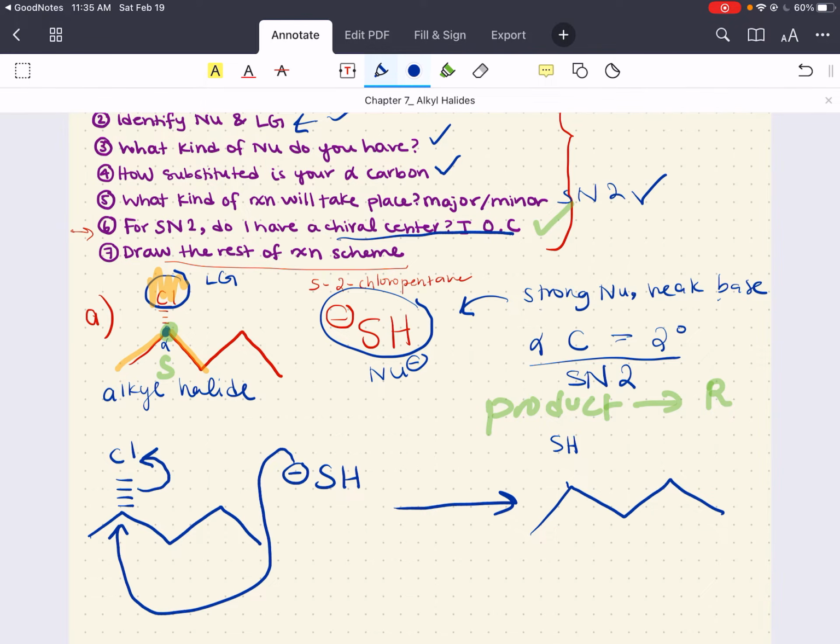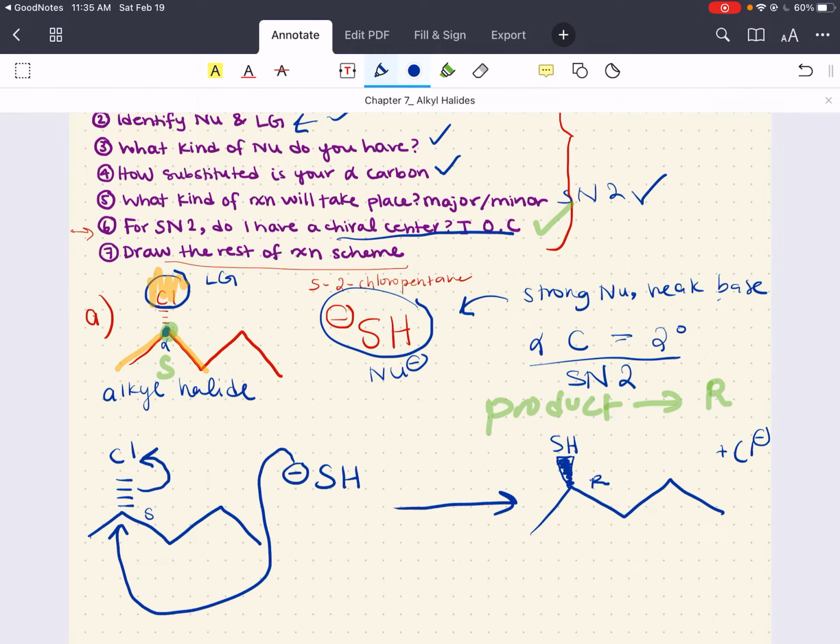Now remember, inversion of configuration. So we had S here, we need R here. That means if we had a dash here, we want a wedge here. And the chlorine has left the scene. That's how we draw the reaction mechanism for this SN2 reaction.